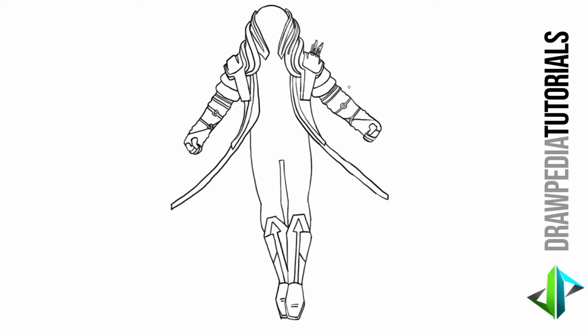And for the details of the jacket at the bottom, I'm gonna draw a line down from this point, sideways, diagonally, back up, sharp turn back down, continue the line sideways to the back, and I'm gonna repeat a similar shape on the right side over here.